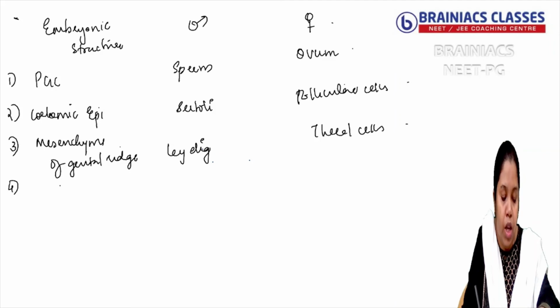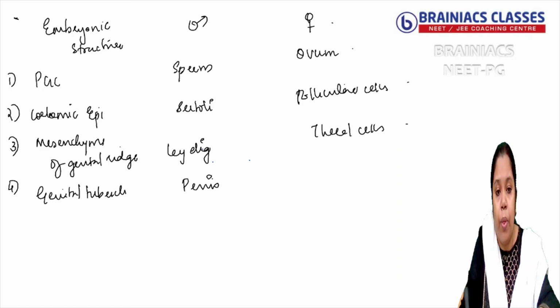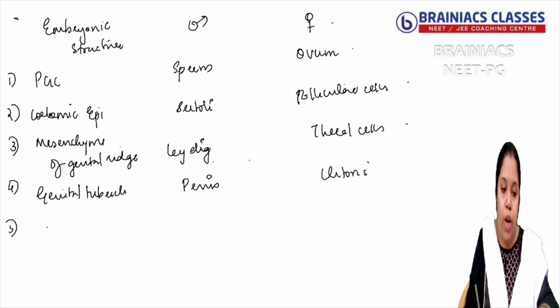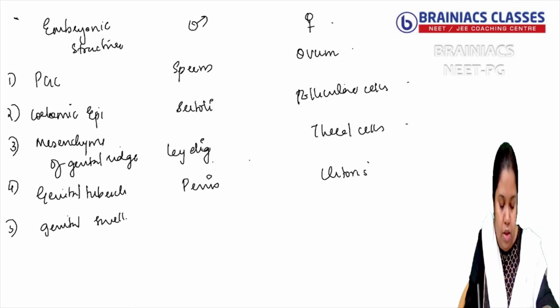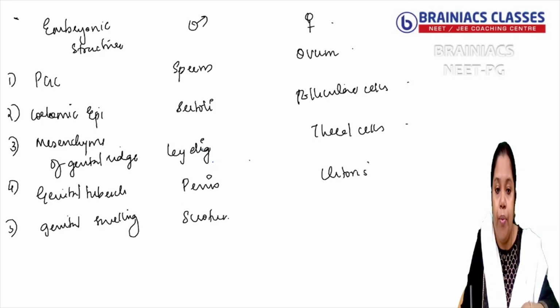The genital tubercle forms penis in males and clitoris in females. Fifth one is the genital swelling. It forms scrotum in males and labia majora in females.